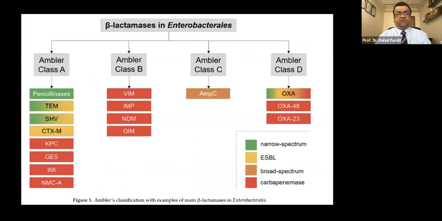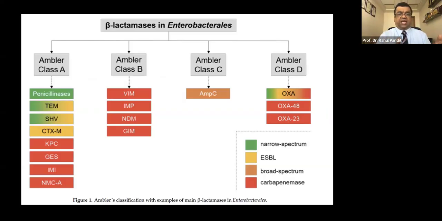Now, if you look at the Ambler classification, which talks about how these resistance patterns are divided for us to understand, in the graphical representation here, the green is good. You can use a narrow spectrum antimicrobial. The orange is ESBL, the dark orange is AmpC, and the red one is carbapenem.